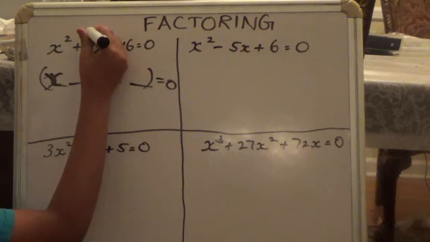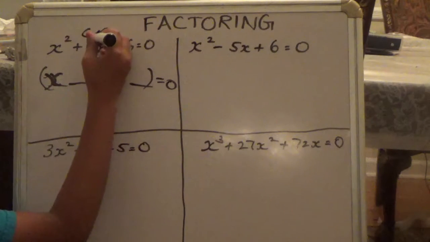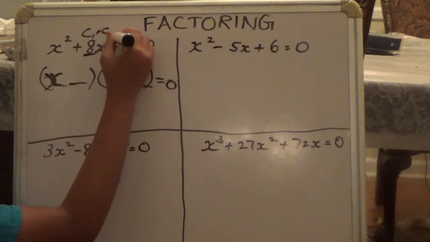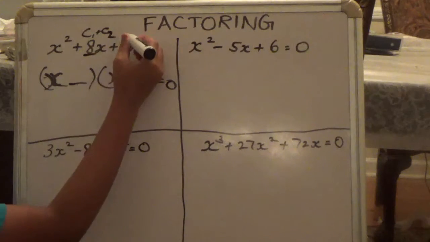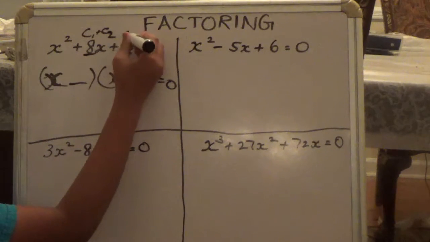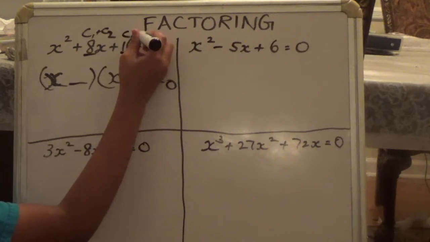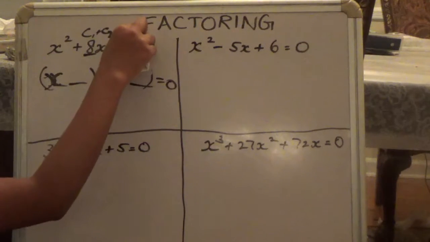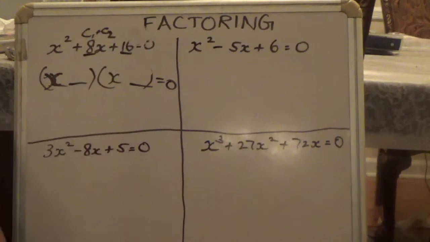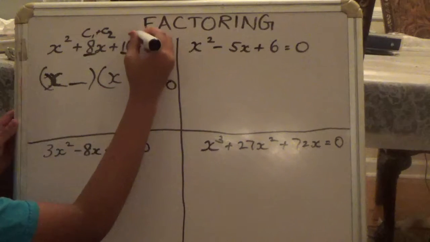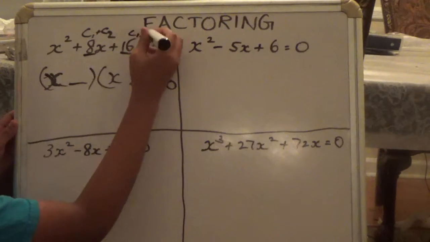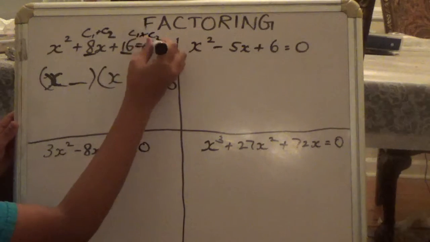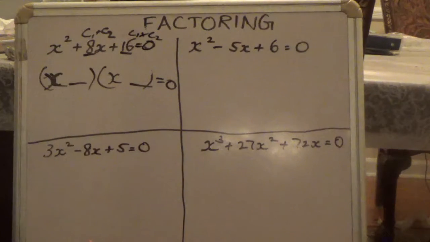Okay, so the first constant plus the second constant must equal the middle number. The first constant, okay, c1 plus c2 equals 8. And then the first constant times the second constant will get you the second number, which is the constant in the quadratic.